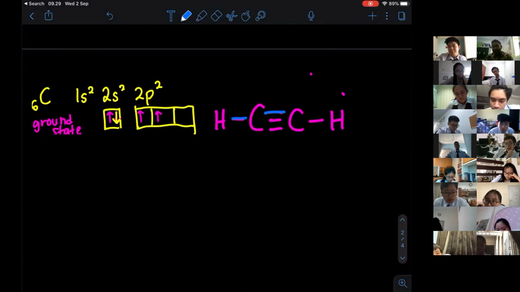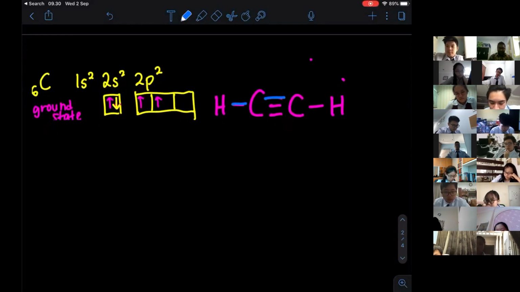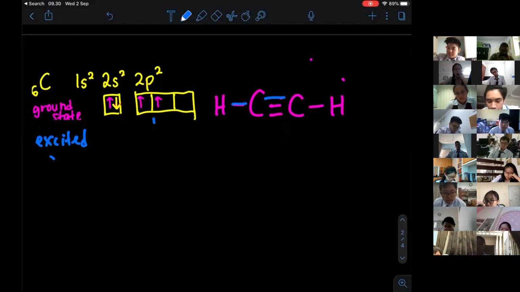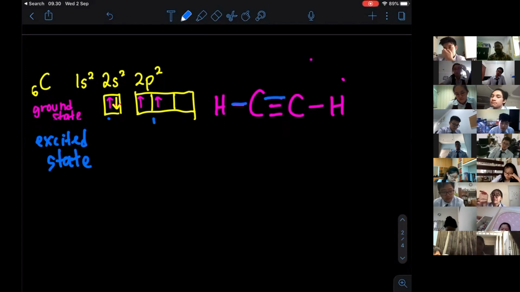So there are two bonding happening. When you have two bonding happening, you still need to rearrange, you still need to get ready. You still need to go into the excited state, even though you are still ready over here. It's still not enough. There should be a mixing of orbitals happening.